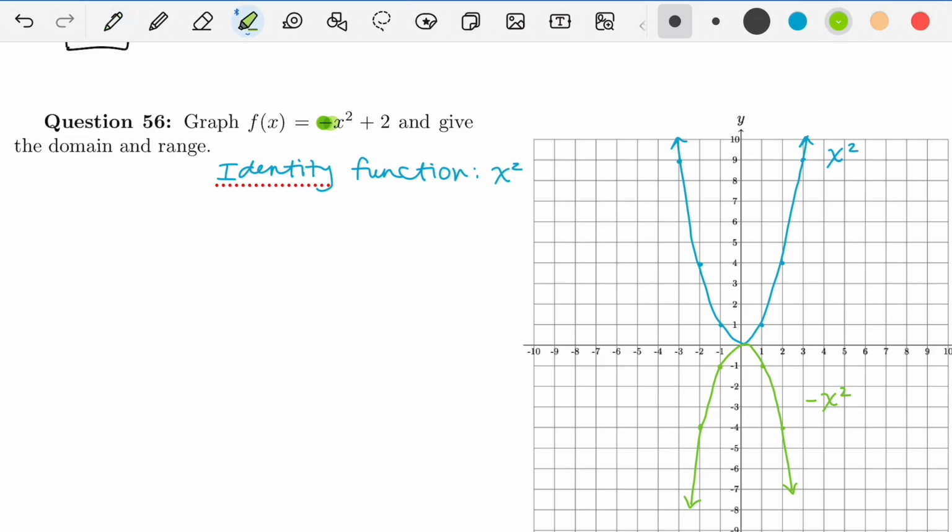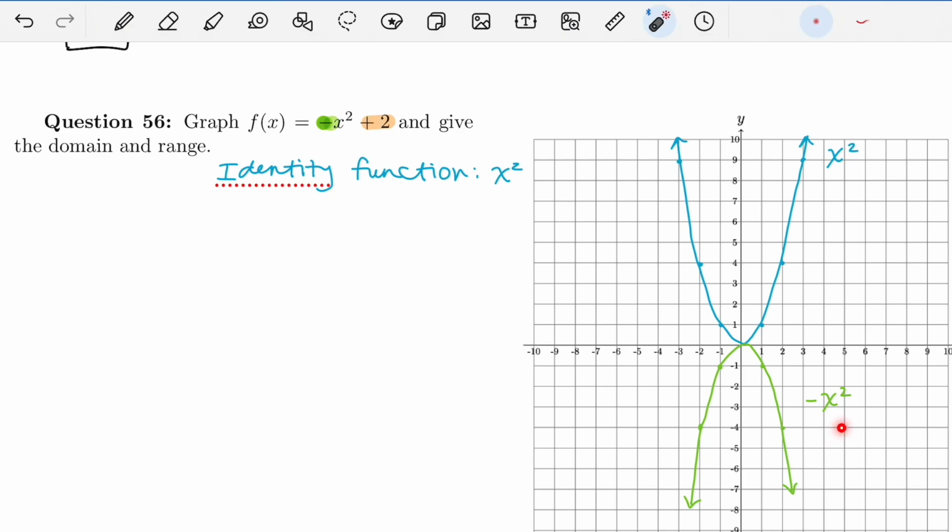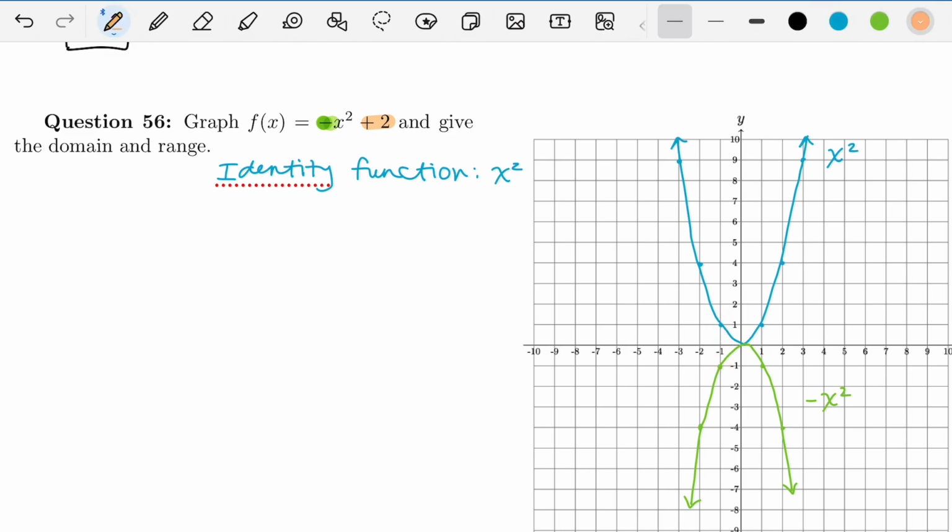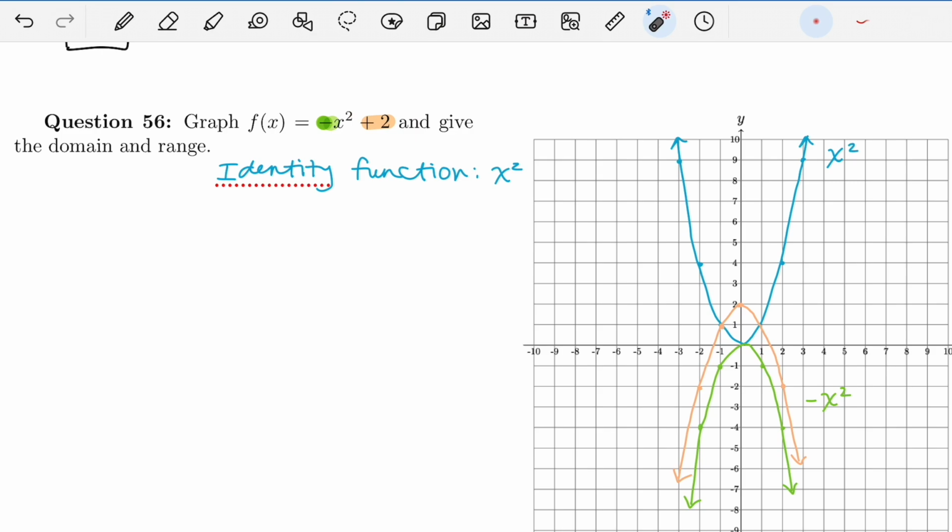And then lastly, this plus 2 here tells us that what's happening now to this new function is that we're adding 2 to it. So all of these points, we're just going to move 2 units up on our graph here. So we're going to have a point here, and here, and then a point here and here. So this would be the graph of our function minus x squared plus 2.